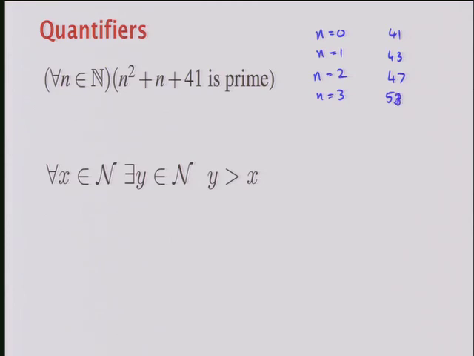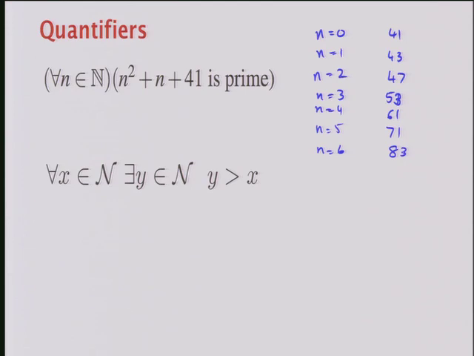N equal to 4, 16 plus 4 is 20, 61, it's prime. N equal to 5, 25 plus 5 is 30, plus 41, 71, it's prime. N equal to 6, 36 plus 6 is 42, plus 41 is 83. Prime? Ridiculous, right?